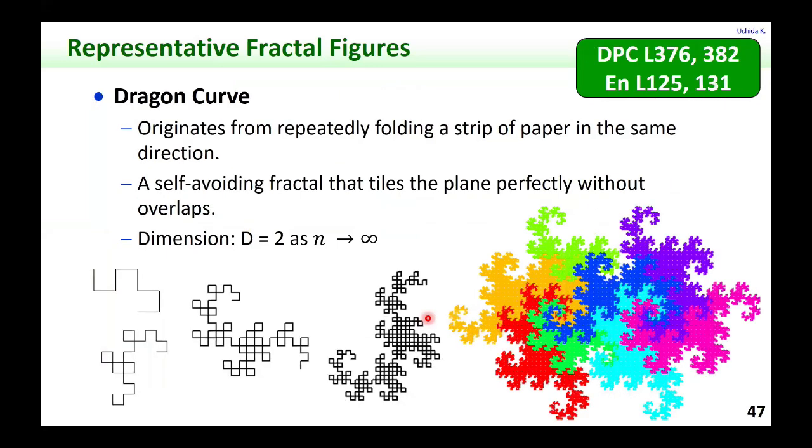So this is one example. This is another interesting example called dragon curve. So think of a paper folding. Let's think of a paper like this, and we fold it at the center.